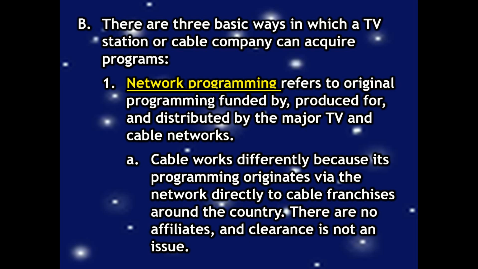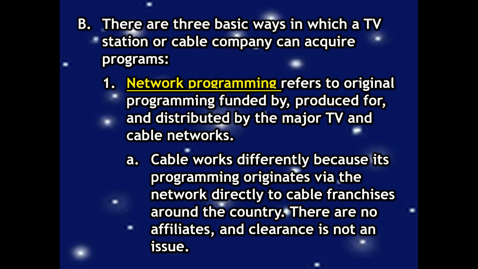The first is by means of the network. Network programming is original programming funded by, produced for, and distributed by the major TV and cable networks. Now, one thing to note here is that cable works a little differently because its programming originates via the network directly to cable franchises around the country. There's no affiliates.